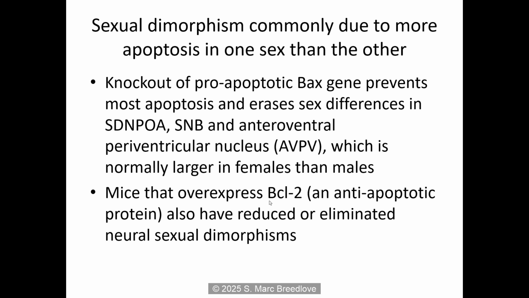If they overexpress BCL2, then there's almost no neuron death. And when you do that, the sexual dimorphism doesn't appear. Or you can knock out the pro-apoptotic gene, BAX, so that there's lots of death. And again, in that case, there's no sex difference in the number of neurons that survive.